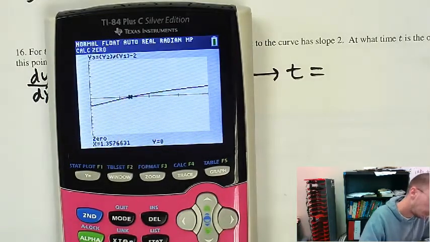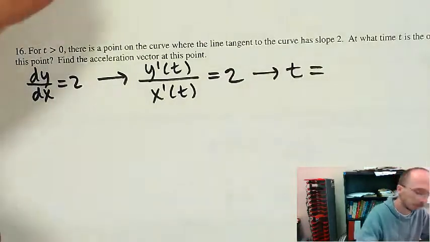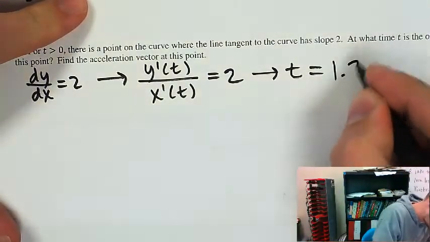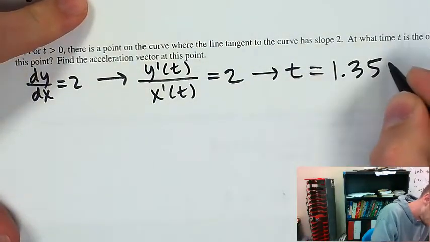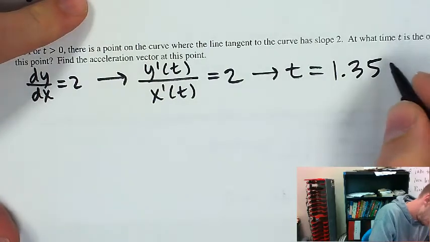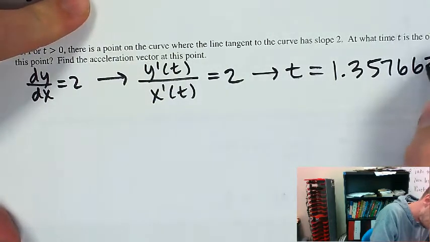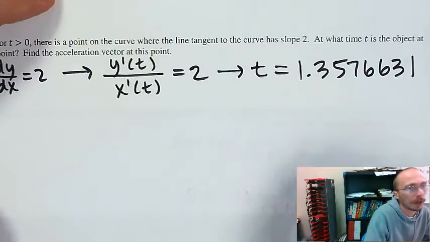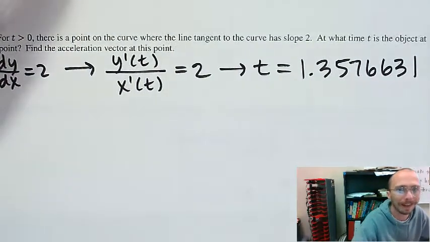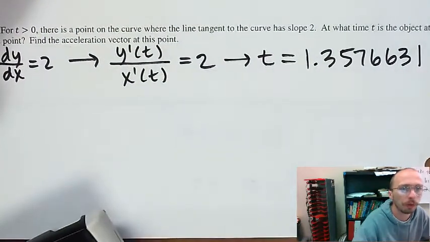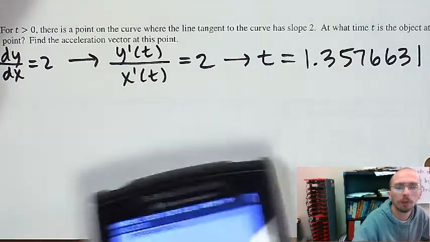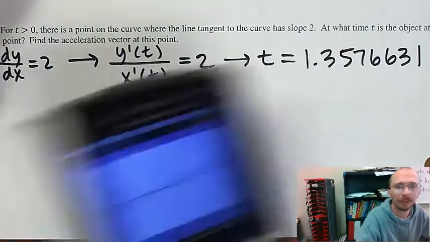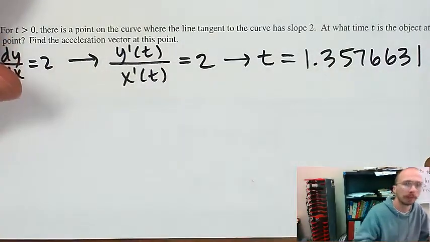And that is 1.358. Okay, I'm copying all of the decimals because I want to use that number, so I know there's no round-off error.